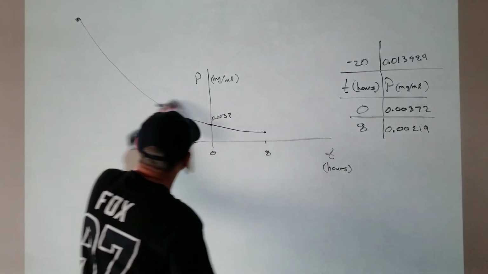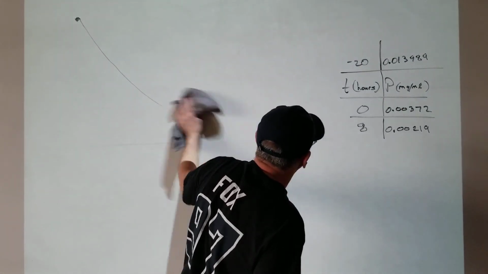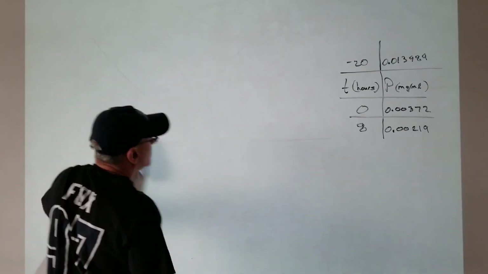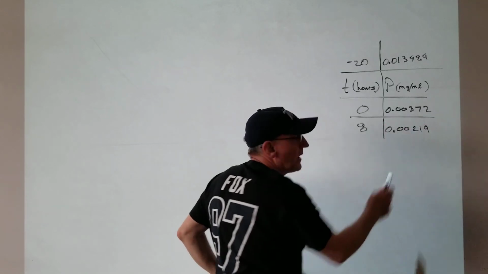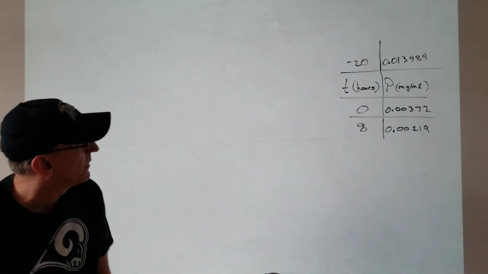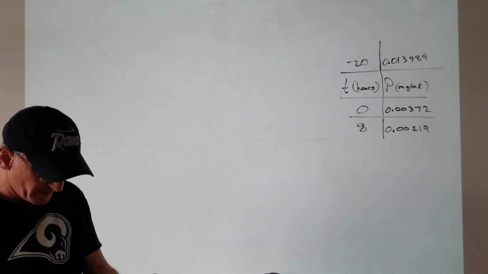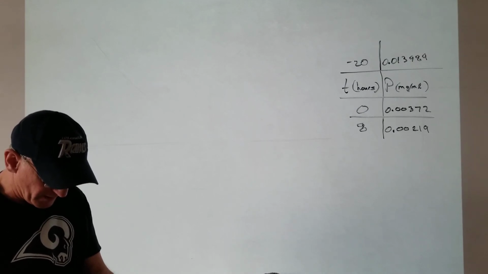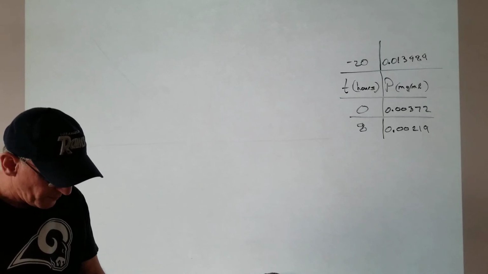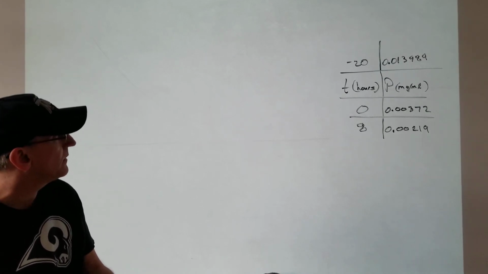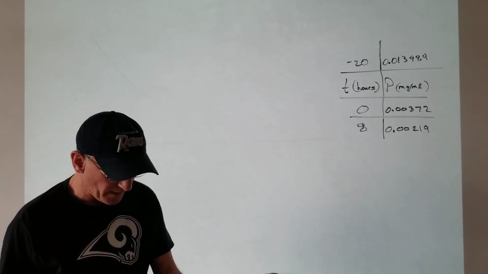So what you'll have to do probably is take a calculator and divide that in half. So 0.00372 divided by 2 is, of course, 0.00186.